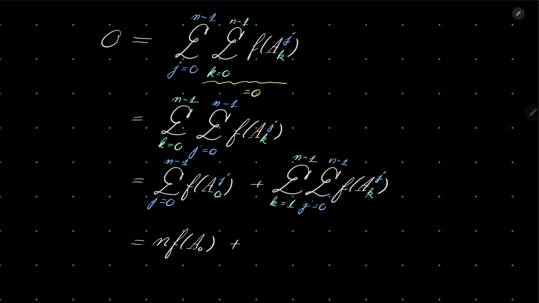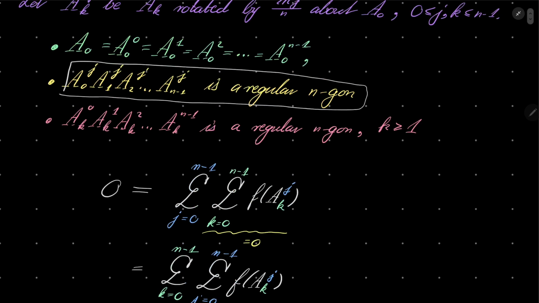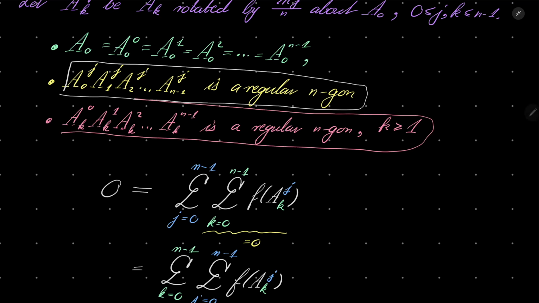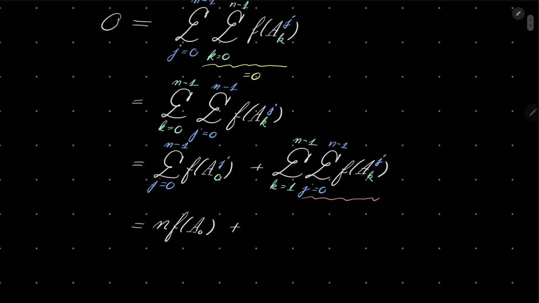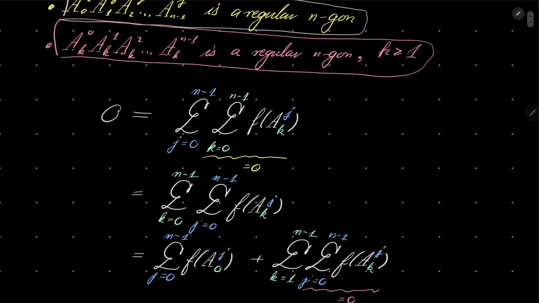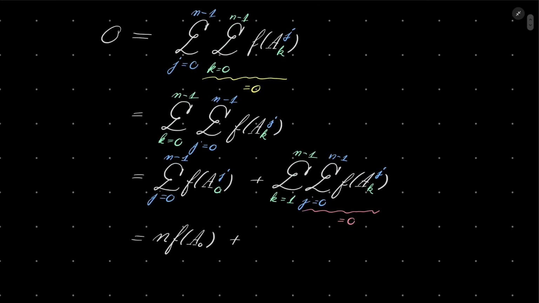And what about the second sum? Let's go back to our second fact. For every k from 1 to n minus 1, this is also a regular n-gon. So this inner sum, where j is changing and k stays the same, is also 0. So we have plus 0.